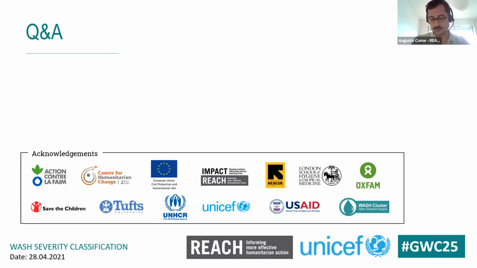I think that there are three main differences, in fact, between this WASH severity classification and the GMP. The first one is that GMP is very geared towards development first, and it looks exclusively at the classification only in terms of coverage of WASH services, right?